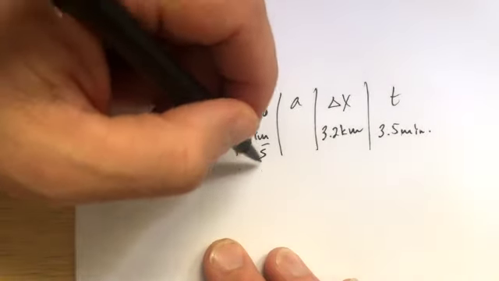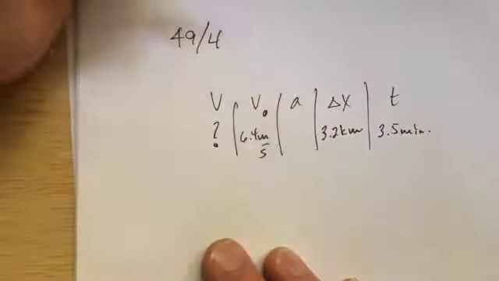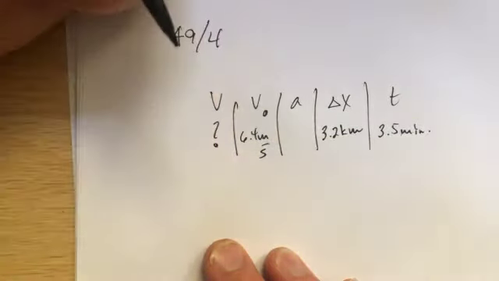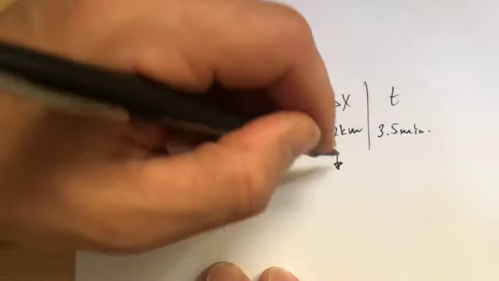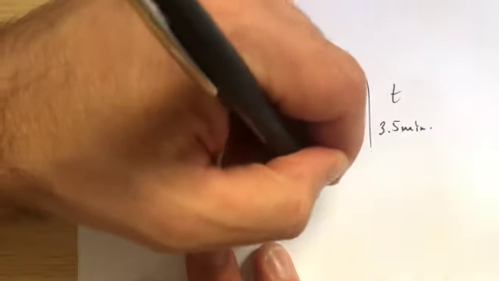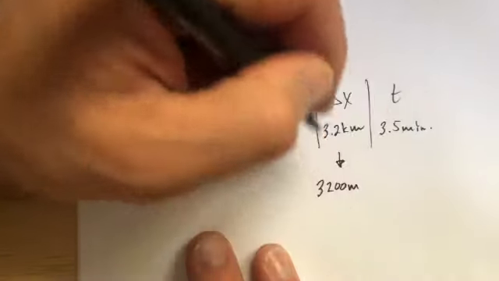All right, so here we've got meters per second, here we have kilometers, here we have minutes. We're gonna have to convert all of these into meters per second because that's what it wants for the final answer. So before we do any math, let's take care of that. 3.2 kilometers, remember a kilometer is 1,000 meters, so this becomes 3,200 meters.